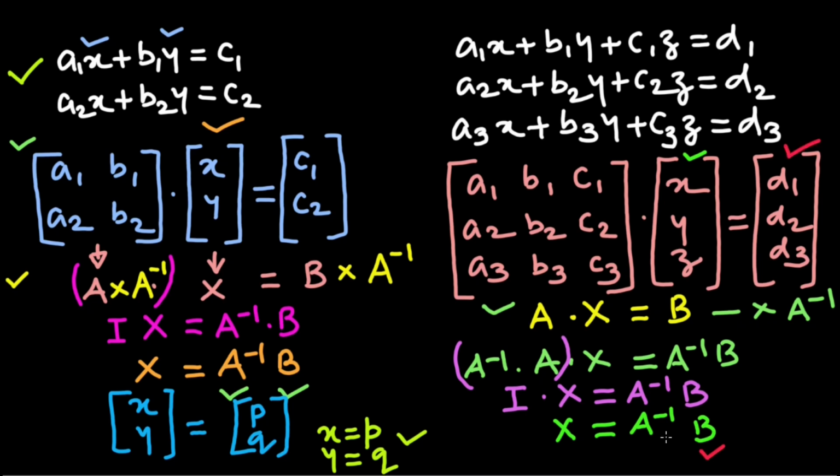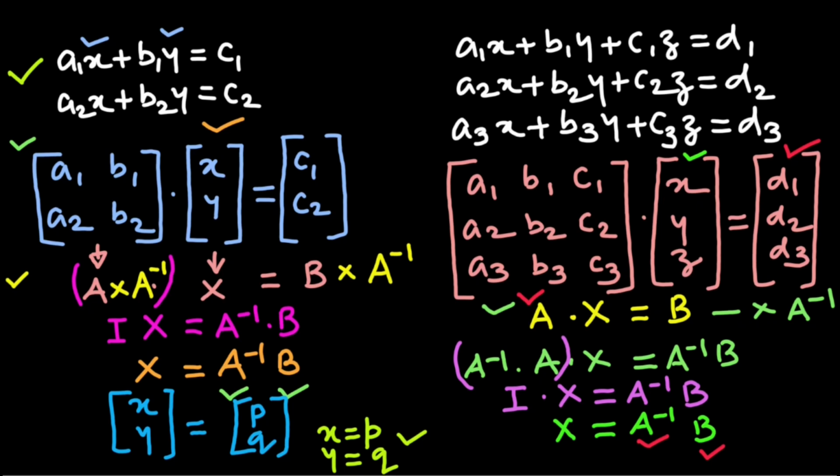We only have to find A inverse from the coefficient matrix A, and the product of A inverse and B will be a column matrix of constants which we can equate with the variables x, y, z so as to get their values.